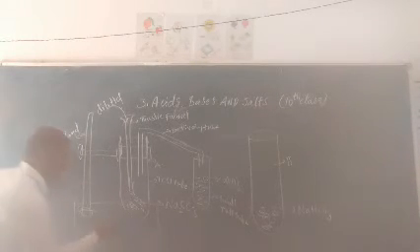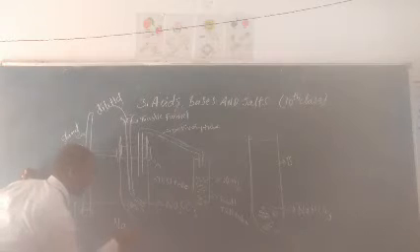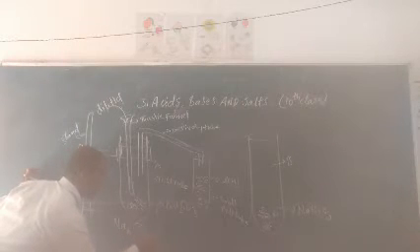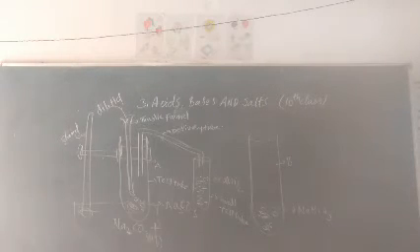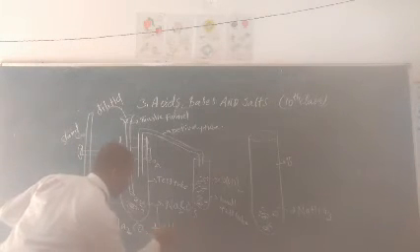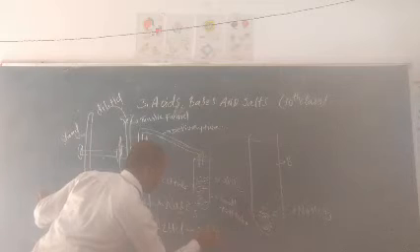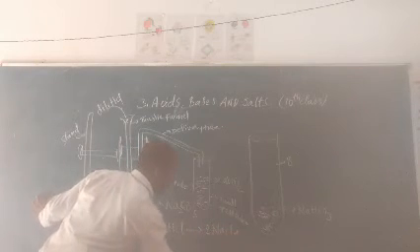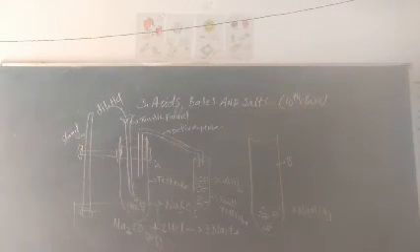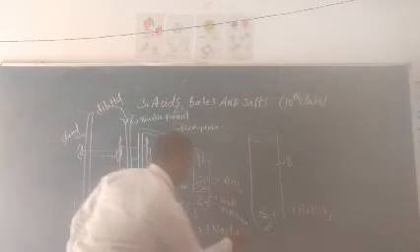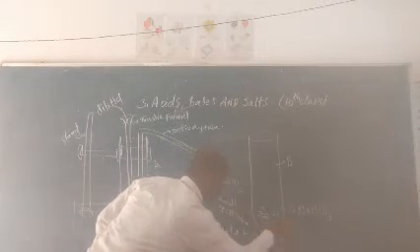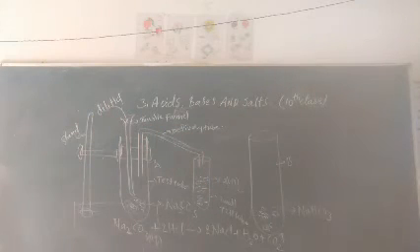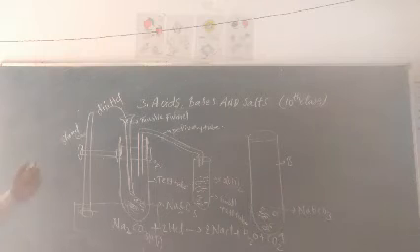That is Na2CO3, aqueous, plus 2HCl gives rise to 2NaCl plus H2O plus CO2. CO2 is a gas, that's why there is an upward arrow mark.